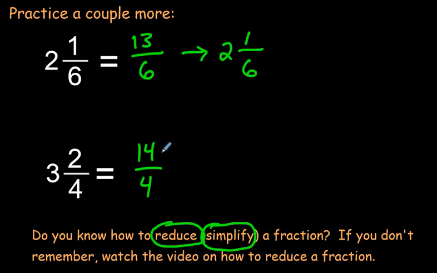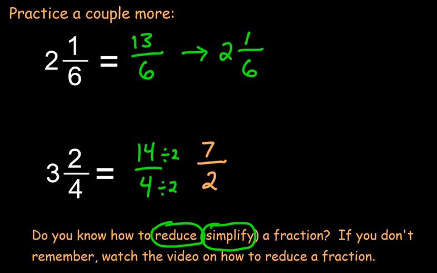So, for example, I could take the top here and divide by 2, or cut it in half, and if I do the same thing to the bottom, I'm going to get 14 divided by 2 is 7, and 4 divided by 2 is 2. Believe it or not, 7 over 2 is really the same fraction as 14 over 4. By the way, we can't go any lower with these. This is as small as it's going to get.